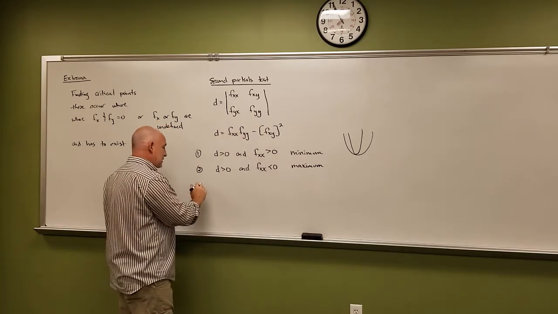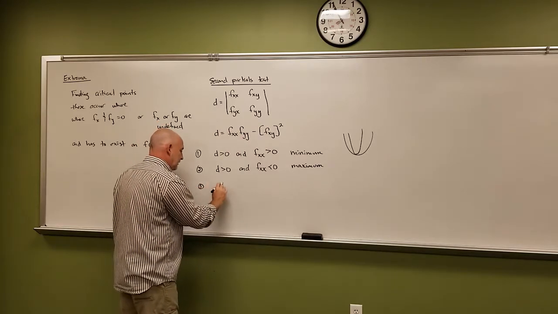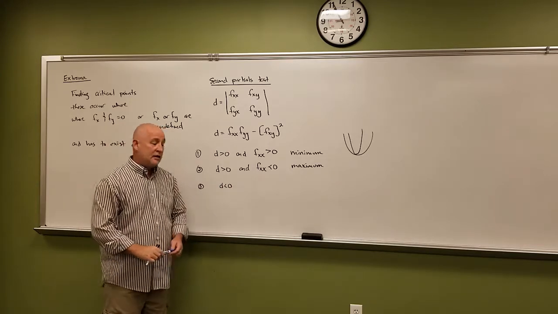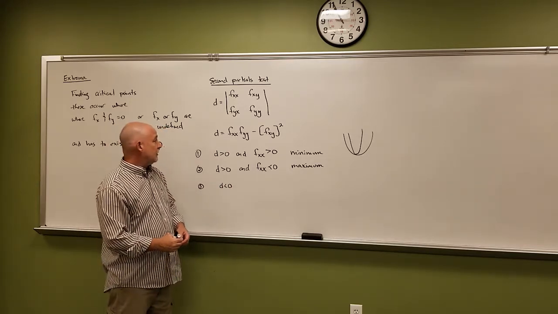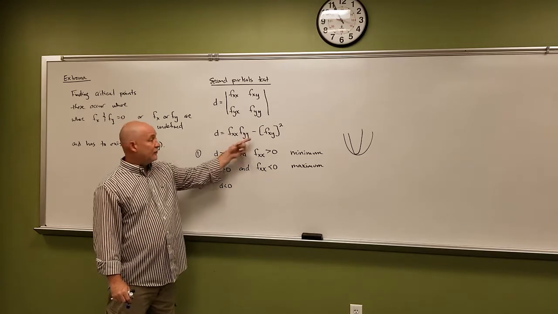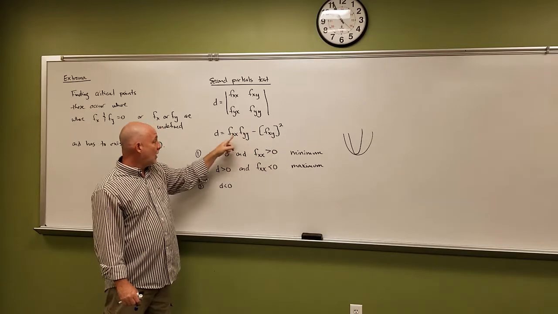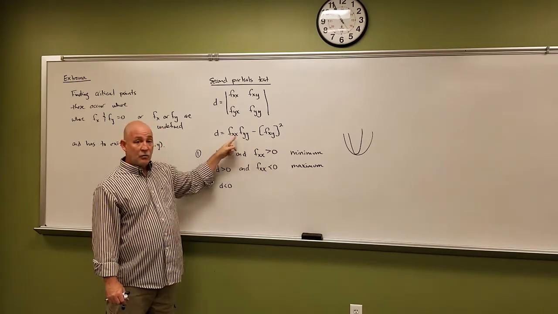And the last case we can look at is if d is less than 0. There are two different ways that d can be less than 0. This ends up being positive, but this over here is bigger, which means it would end up negative, or if one's positive and one's negative.